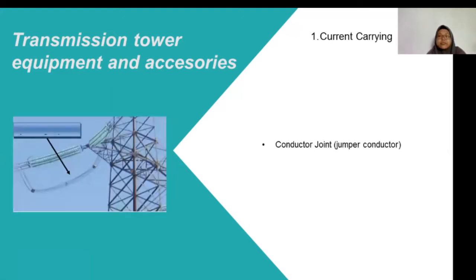And after that, still current carrying function, the second equipment is conductor joint. Conductor joint or jumper conductor is used to connect the conductor of tension tower.